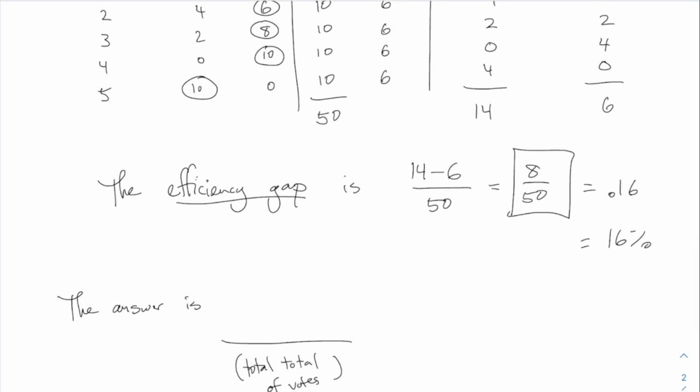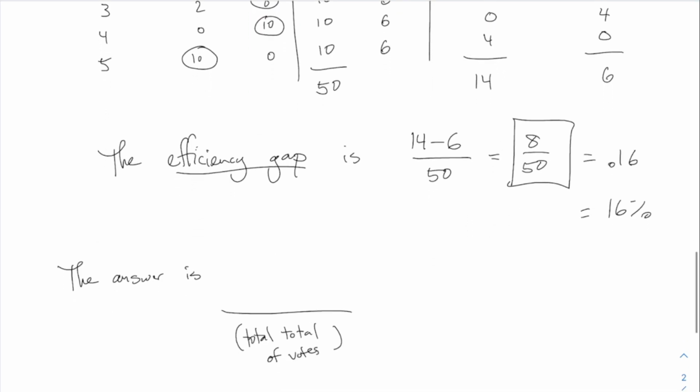And then the numerator is always the x wasted minus the y wasted. You take the one who wasted more and subtract the one who wasted less, so that you don't get a negative answer here. And then the efficiency gap is this fraction, or this percentage if you like.